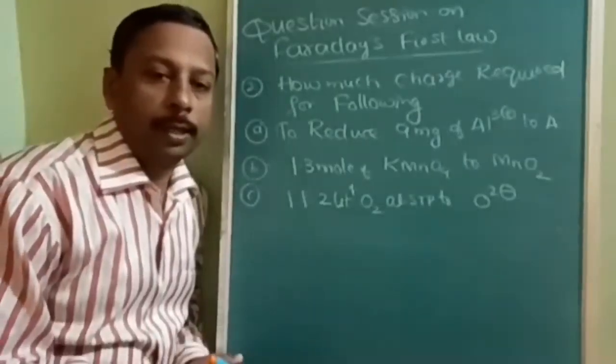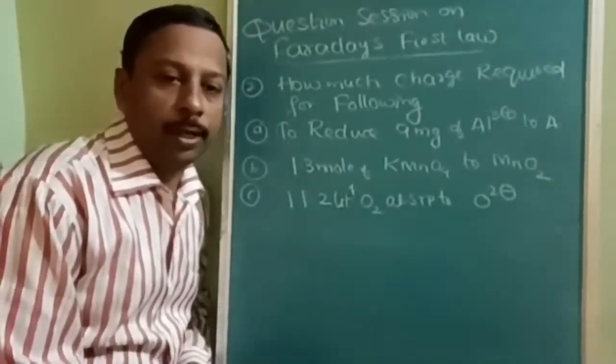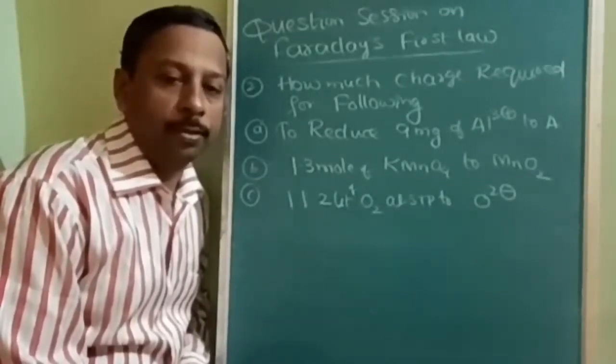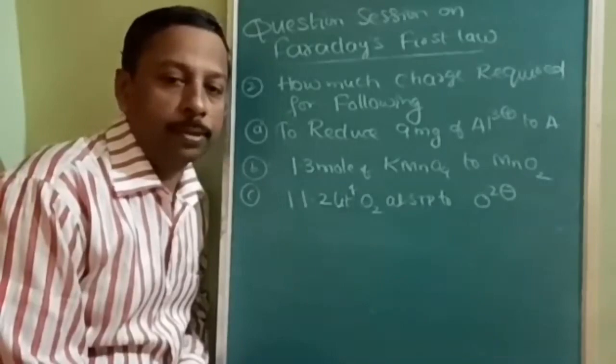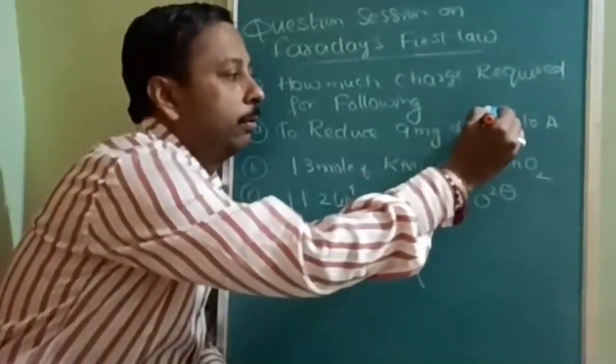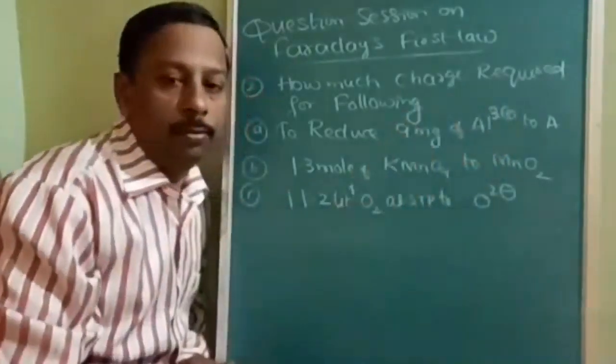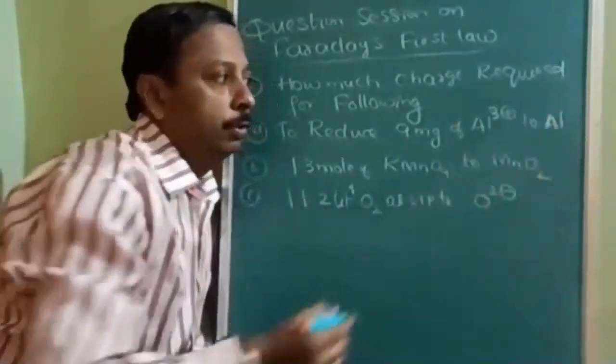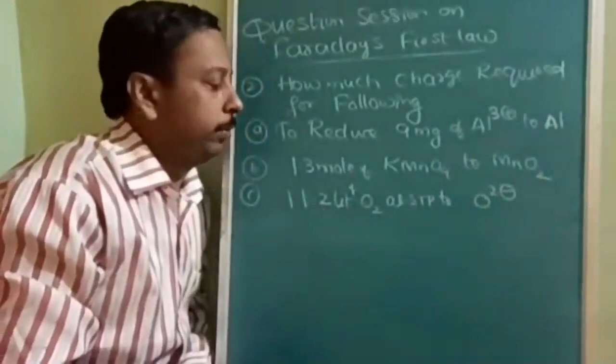Okay, here is the next question. How much charge is required for the following? Okay, first, to reduce 9 milligrams of aluminium 3 positive to aluminium.